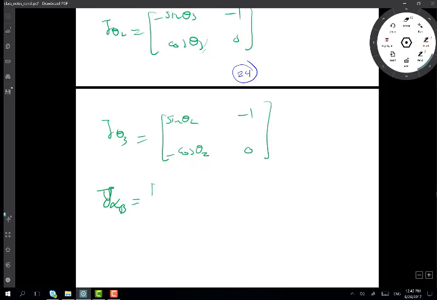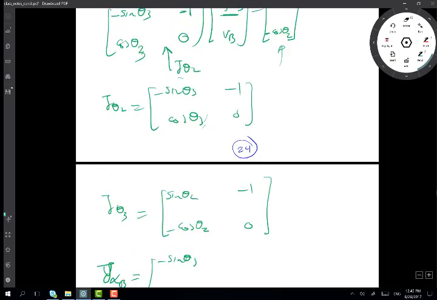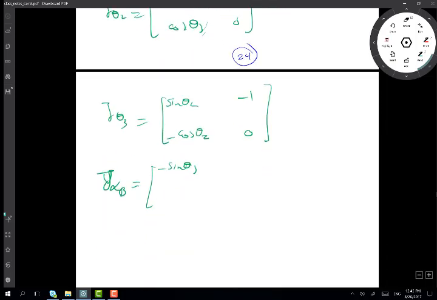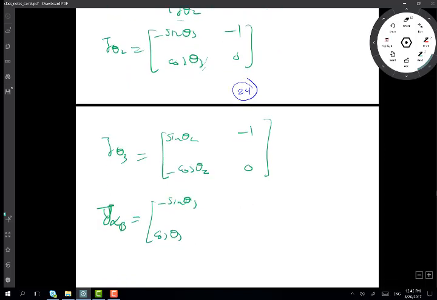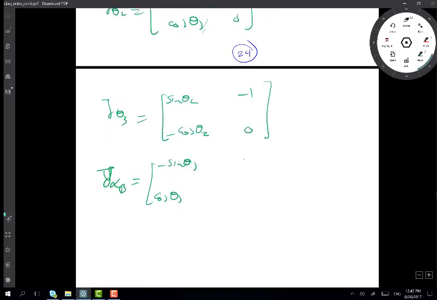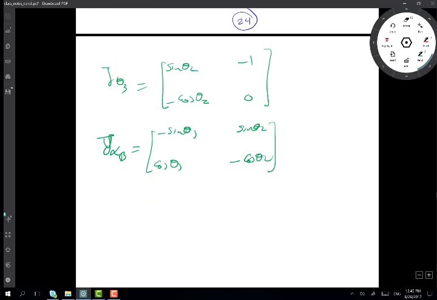I keep the first column as it is, minus sine theta 3 over here, this is J theta 2, and then over here that's cosine theta 3. On the other side, the VB column will be replaced by the column on the right hand side, which is sine theta 2, minus cosine theta 2. All right, so now I have those ones.